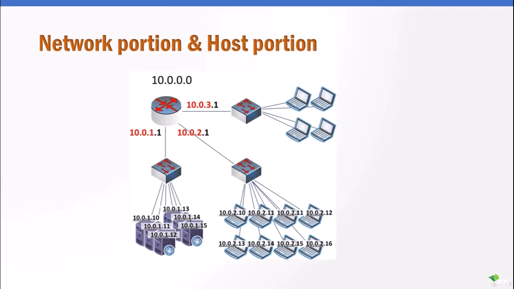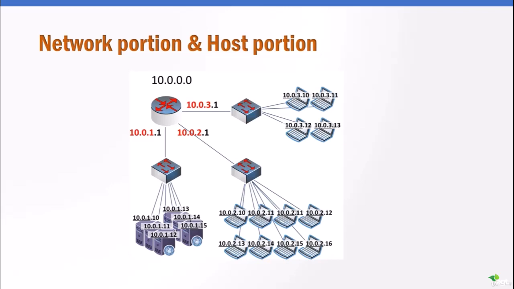The network part is the same for all devices and for the gateway. In our third network, we have the same situation. The gateway is 10.0.3.1, and the end devices have addresses that begin with 10.0.3.